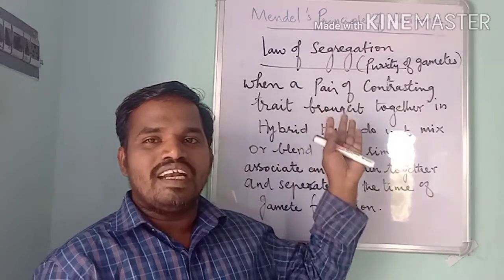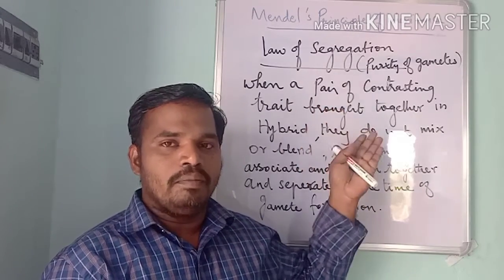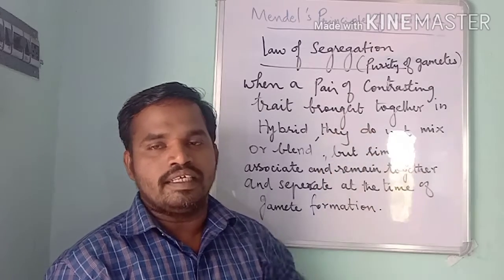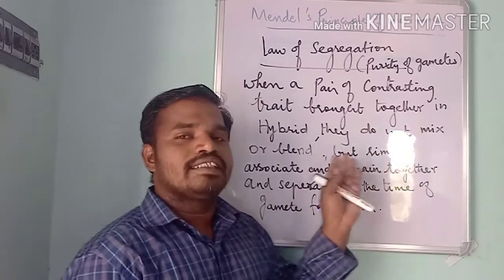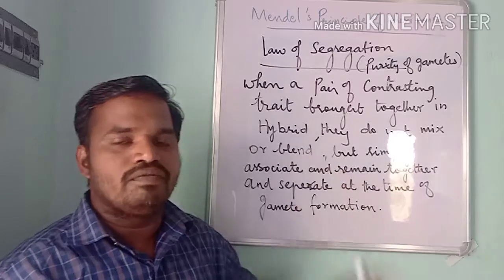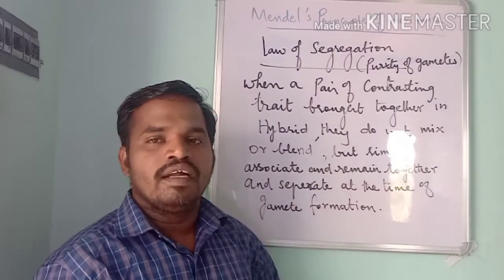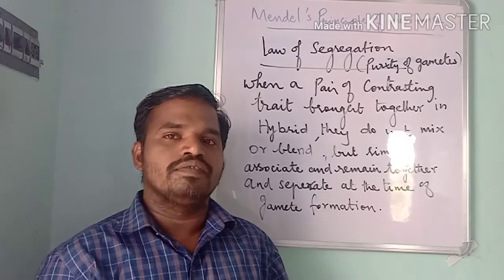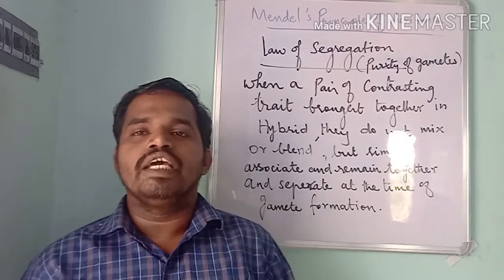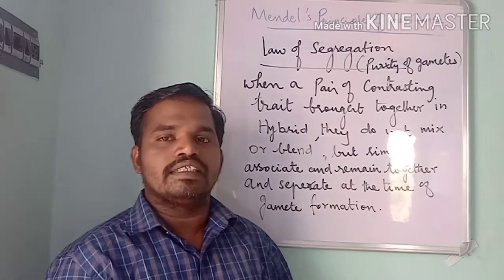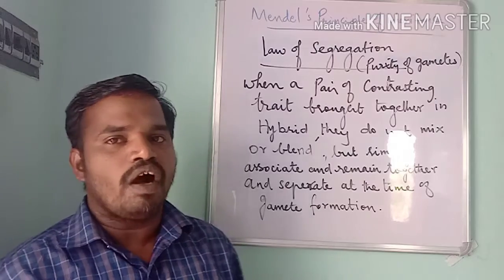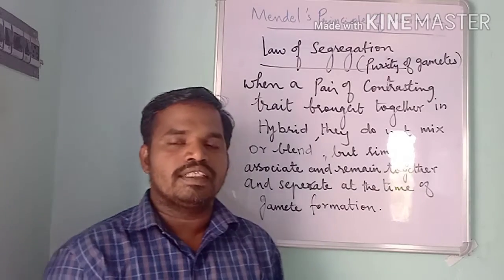The pair of contrasting traits in the hybrids remain together, and separate out at the time of gamete formation, and randomly reunite to form the trait. Clear? Do you understand what I am saying?